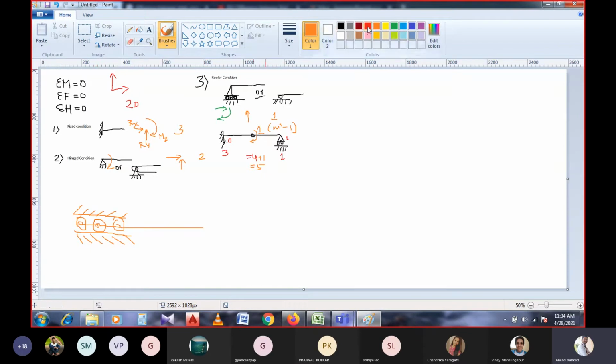So this beam will be having a vertical support. That means a vertical reaction will be generated at this support when the beam is loaded, along with the moment. That means the moment is not allowed and vertical direction movement is not allowed, right?